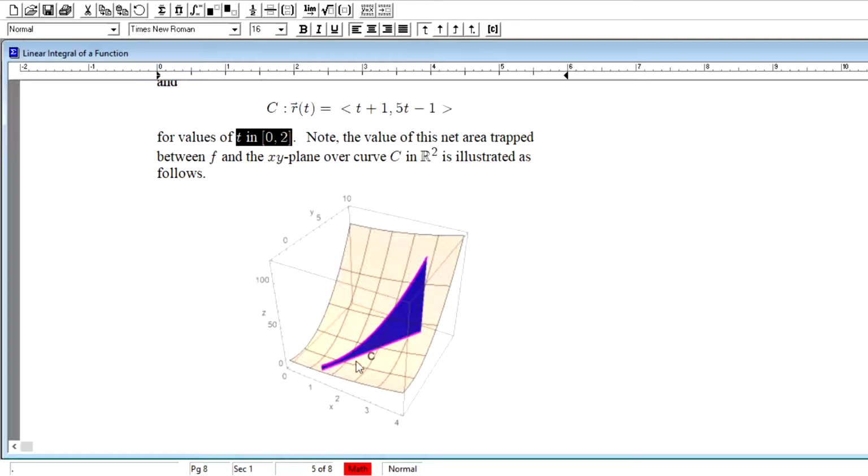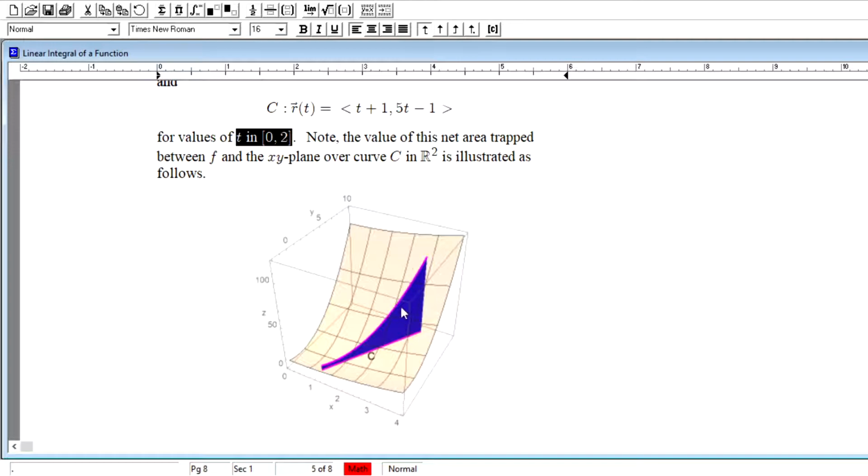What you'll notice is I did translate curve C up to the surface. This magenta line we see curving through space up here, that line actually lies on the surface described by f, and it is the projection of C up onto that surface. What we are calculating as a net area in this case is the net area trapped between the surface over this projection of curve C, or I maybe should say under this projection of curve C, and above curve C in the xy plane.